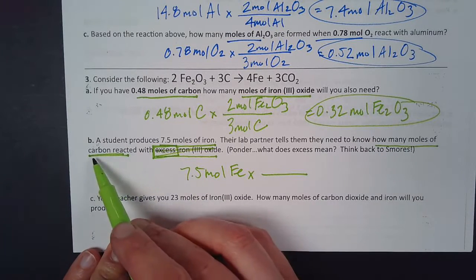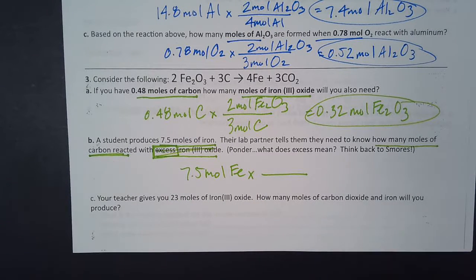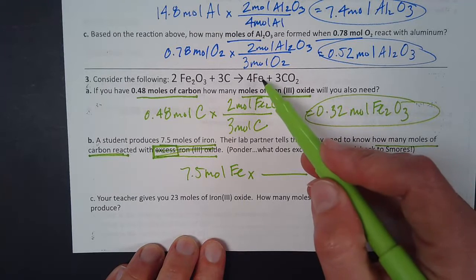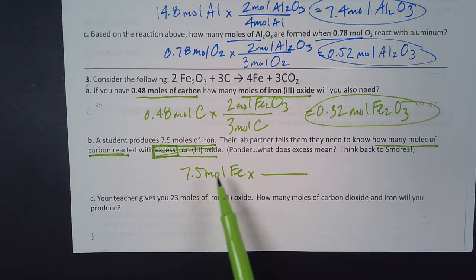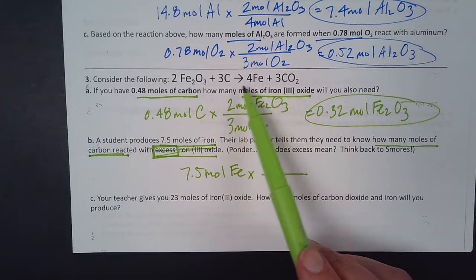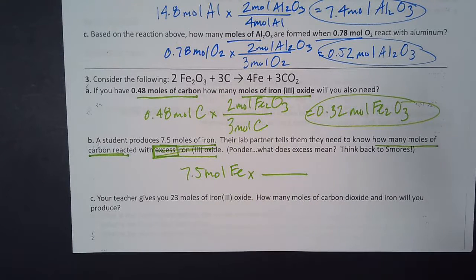So we're going to carbon. So now go to carbon if you haven't done so already, because I bet a lot of you could do that. We need to go from iron to carbon. Do that on your paper. We need to go from iron to carbon. So if we have 7.5 moles of iron, how many moles of carbon would we have? If you haven't done that yet, do that right now, please.